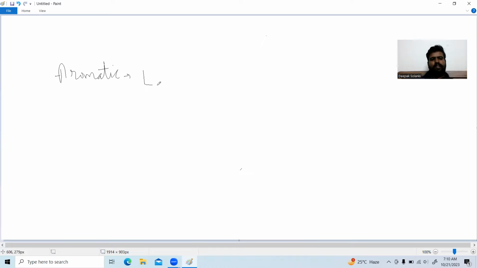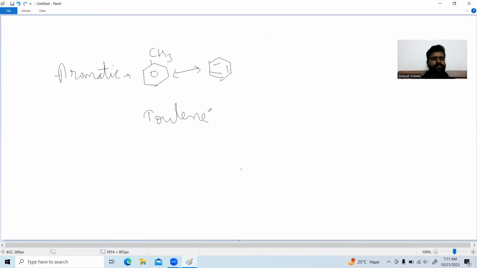We first have to make the benzene ring. You can write it like this, or you can write it like benzene. You have to draw the alternate single and double bonds. Clear? This is benzene. For example, if we join CH3 here, then its name will be toluene.